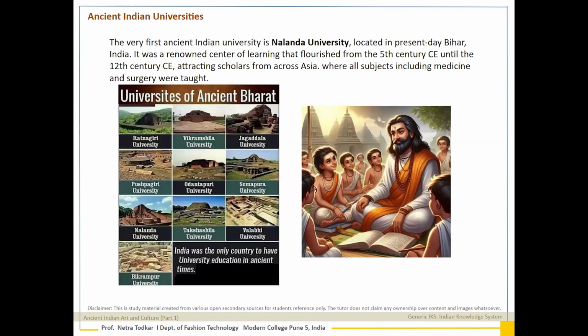Ancient Indian universities. When we speak about ancient literature, these universities were the main source of all the literature. The very first ancient Indian university is Nalanda University, located in present-day Bihar, India. It was a renowned center of learning that flourished from the 5th century CE until the 12th century, attracting scholars from across Asia, where all subjects including medicine and surgery were taught.